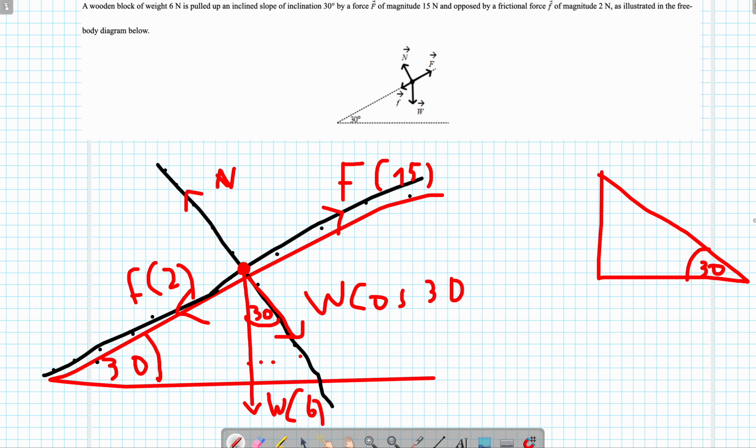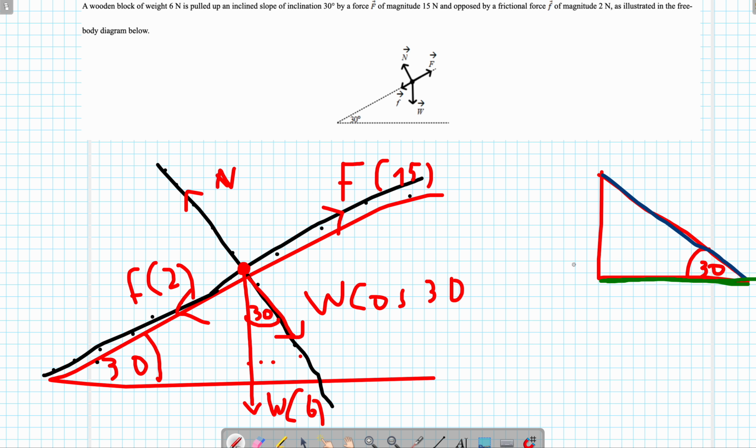This would be the force, and this will be the projected force in X. What would it be with respect to 30? It's adjacent, so it's going to be cosine.